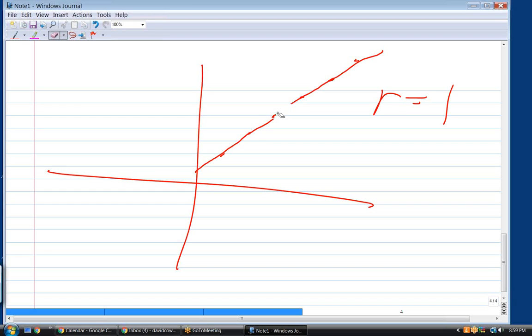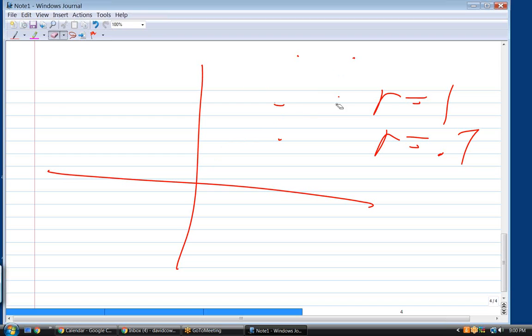If I give it a bunch of data points that look like this, well, it can still draw a straight line through that. That's going to be its best effort. But that's going to have an R of maybe 0.7. So R values go from 0 to 1.